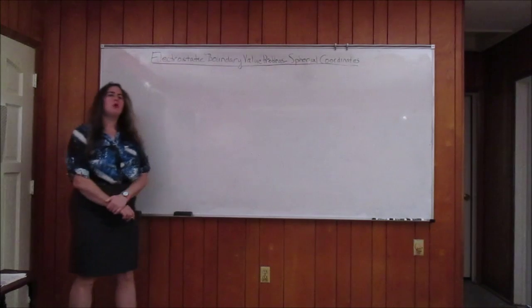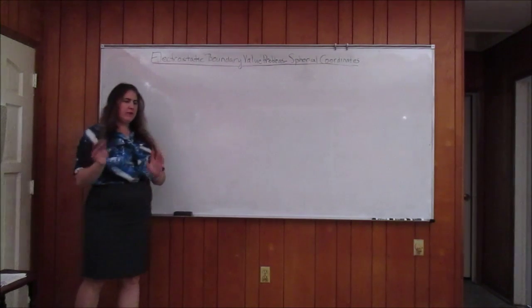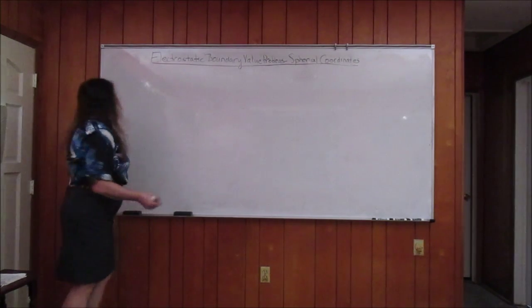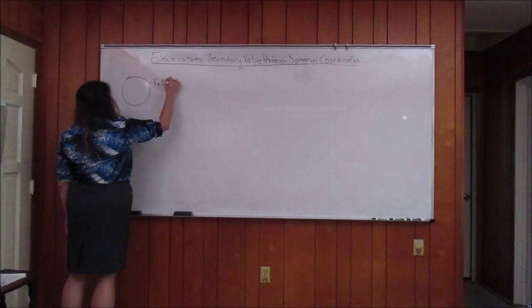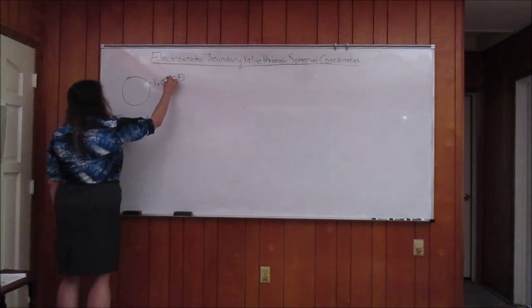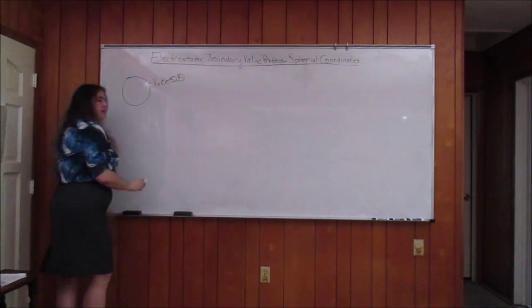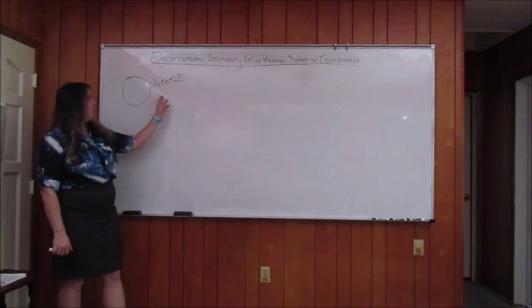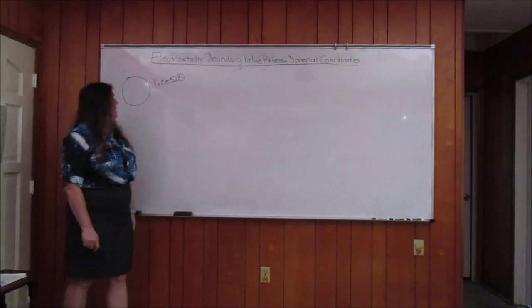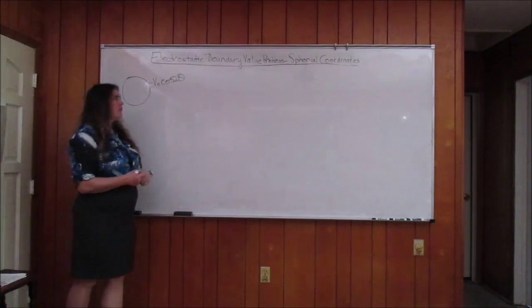The third problem I'm going to work through, we're going to apply a potential to the surface of a sphere. This time I'm assuming that the potential is proportional to cosine 2 theta times V naught.